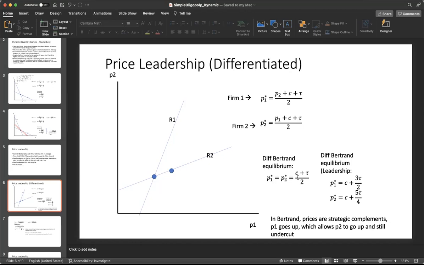That's 1. Number 2, whose prices are higher? The answer here is either both of them or just one of them. What's the answer?